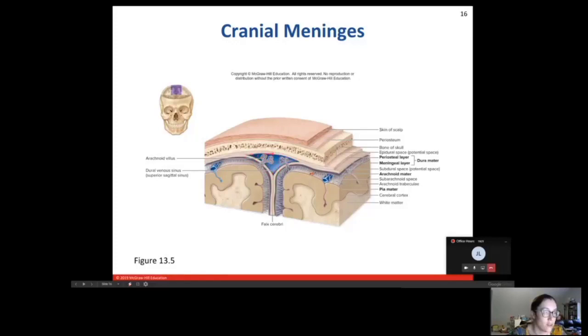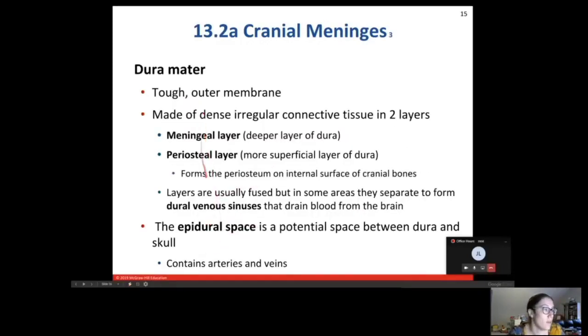This is going to be filled with venous blood that's draining from the brain. This one's specifically the superior sagittal sinus, but in general, just call it a dural venous sinus. So where these two layers of the dura mater diverge, we have an opening inside called the sinus, and this is where the venous blood is going to drain from the brain. So that was the dura mater right here.